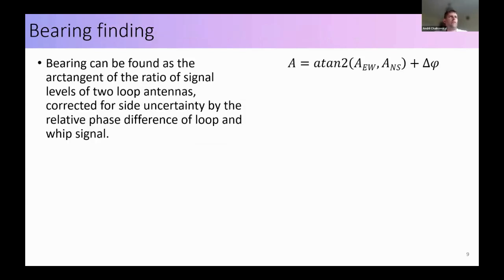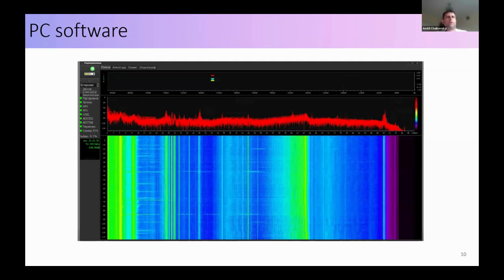So finally, bearing can be found as an arctangent of the ratio of the signal levels of the two loop antennas, and obviously we have to correct it for side uncertainty by the relative phase difference of the loop and whip signal. This algorithm was implemented in PC software.